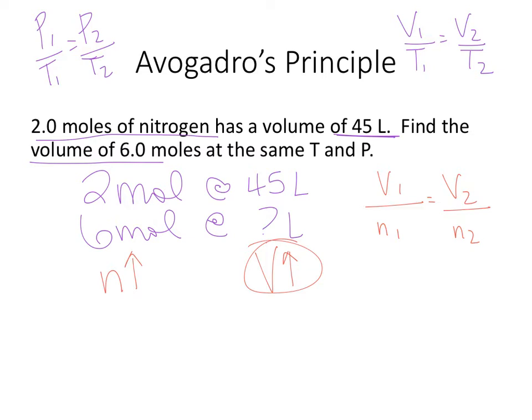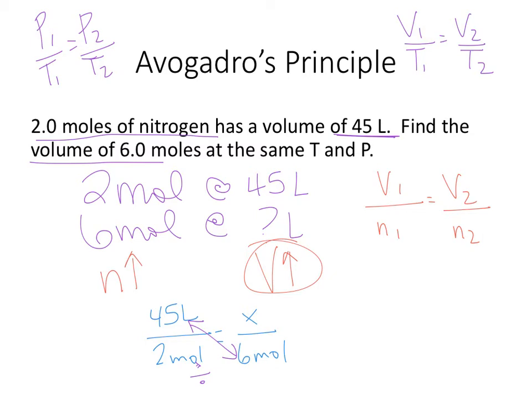So then I can say V1 is 45 liters, and N1 is 2 moles. And so volume 2 would be the X, N2 would be the 6 moles, and I'm going to cross multiply and divide by what's left. So 45 times 6 divided by 2, let me type that in my calculator really fast.